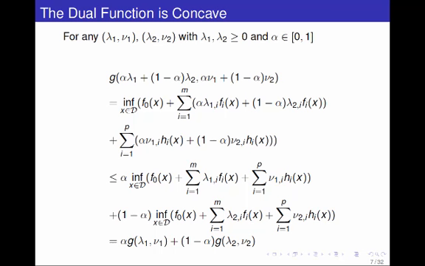So we take a weighted average of 2 points, lambda 1, nu 1, and lambda 2, nu 2, which is by definition equal to this expression here.